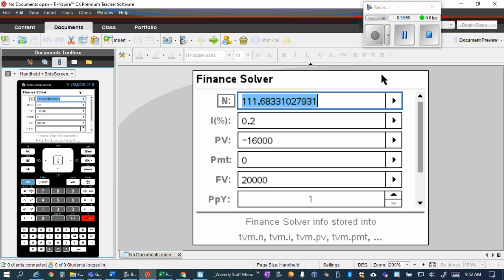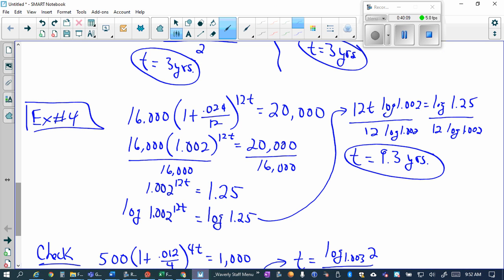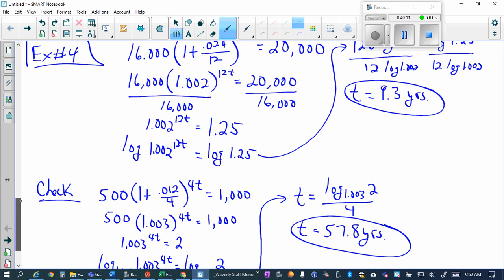111.68. And you think, well, that's a lot of years, but it's not years, is it? Because it's compounded monthly. 111 years? Well, that's hardly worthwhile, right? That's a whole lifetime.